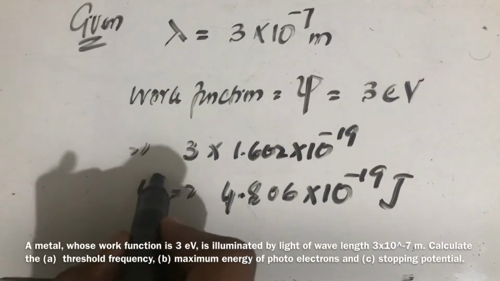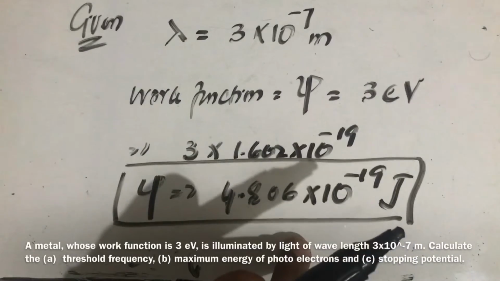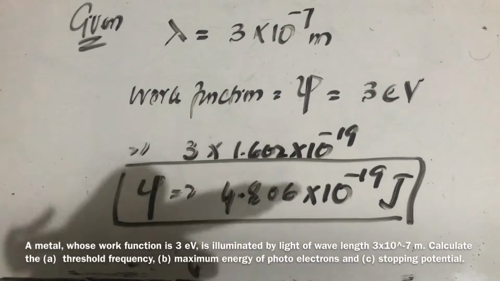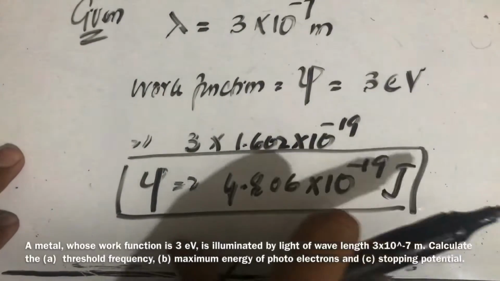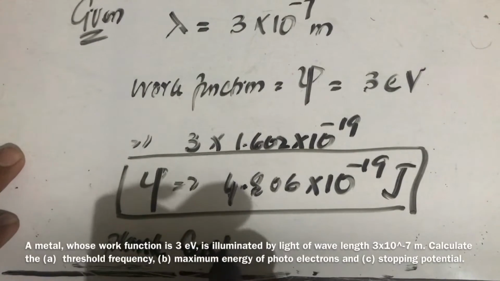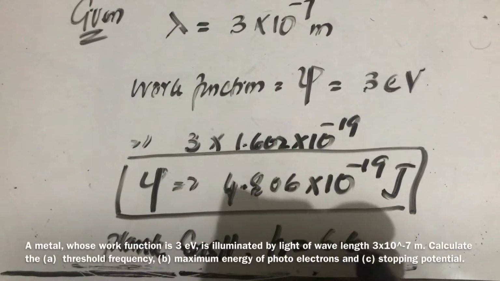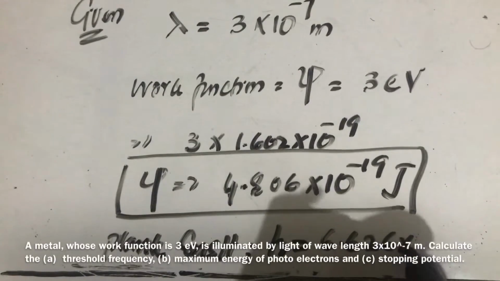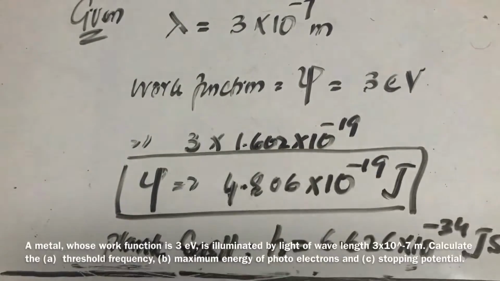So now the value of the work function is 4.806 times 10 raised to power minus 19 joule. And the last thing in the given data is the Planck constant, h, which is equal to 6.626 multiplied by 10 raised to power minus 34 joule second.